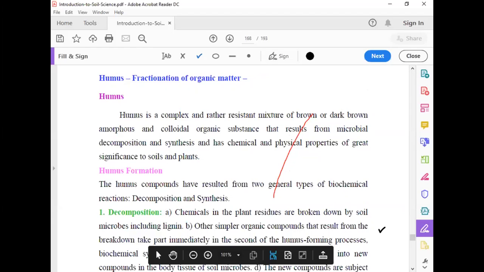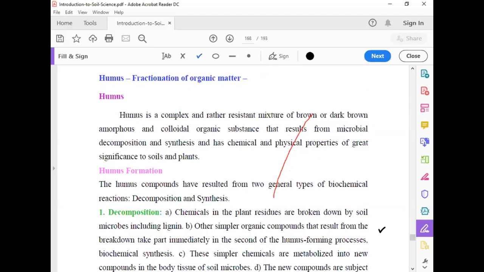After decomposition, the product formed is known as humus.